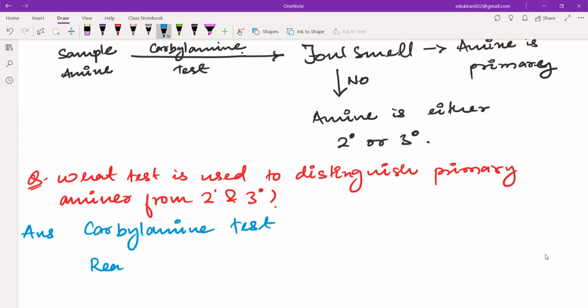What are the reagents? Substrate is going to be any amine, and the reagents for this are chloroform CHCl3 plus alcoholic KOH plus some heat. Okay, plus some heat.